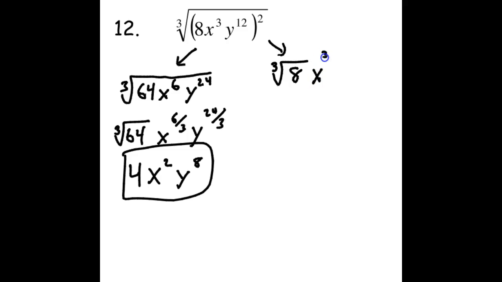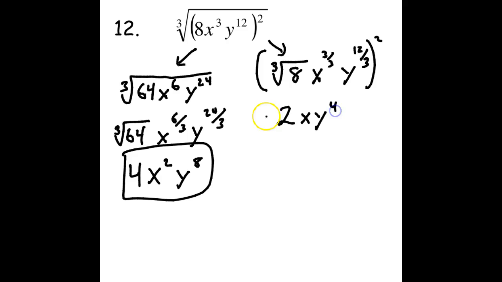Then divide each of these by 3, right? And then at the very end, get that answer and then square it. So the cube root of 8 is 2. 3 divided by 3 is 1. 12 divided by 3 is 4. But then at the very end, you can square it, and you get the same thing.